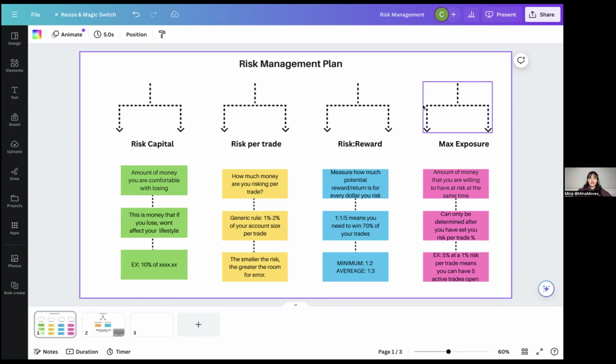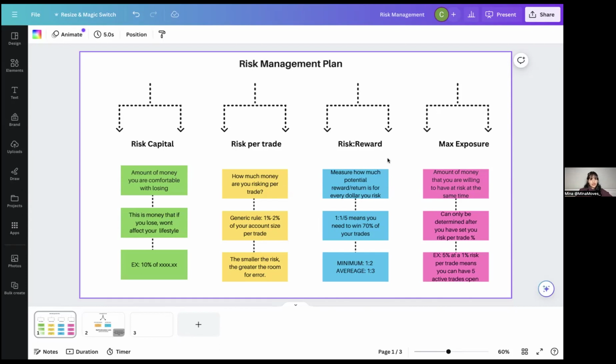Okay. Then we have risk to reward. This right here is the most important thing in trading. Risk to reward. Because remember, we are not gambling. If I am risking $10, it is because it is a probability that I will receive 20, 30, 40, 50. So if I lose 10, but if I win 30, let's just say, if I lose 2 trades back to back, I lose $20.